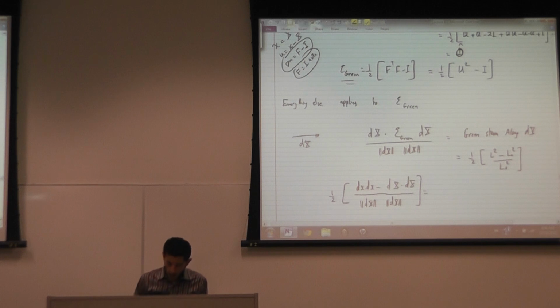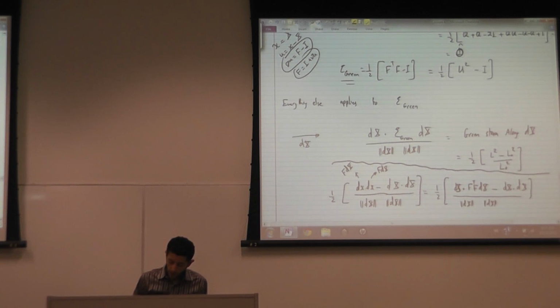Now small dx is equal to F dX, so this is half (dX dot F transpose F dX minus dX dot dX) divided by norm dX norm dX.